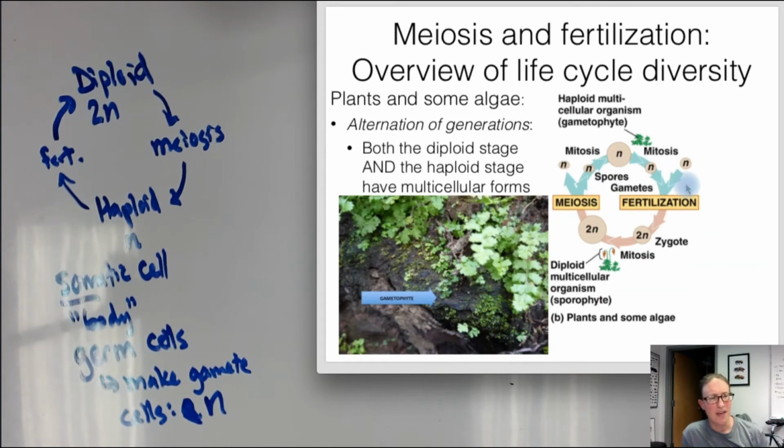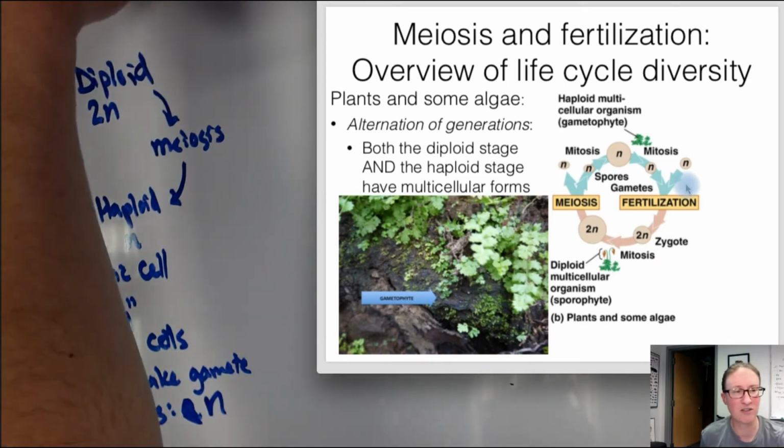Okay, but here's something a little strange and different. So this is the life cycle for plants and for some type of algae. These organisms divide up their generations equally. So both the diploid stage and the haploid stage have multicellular forms.